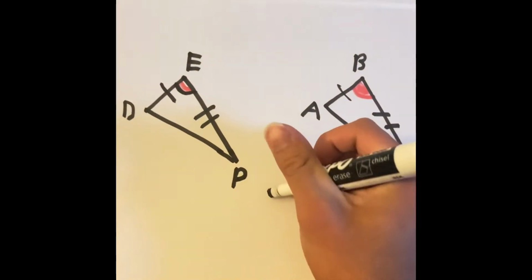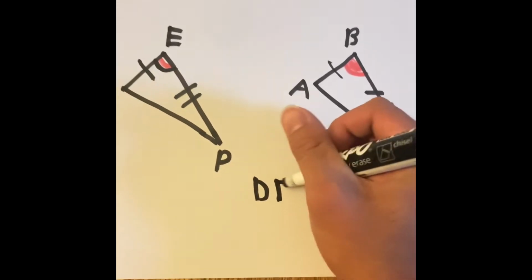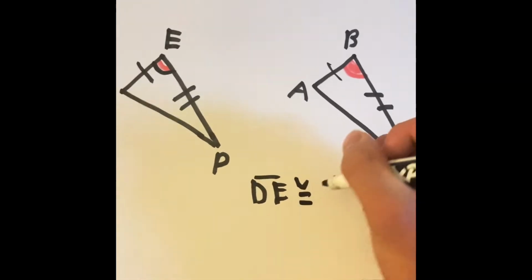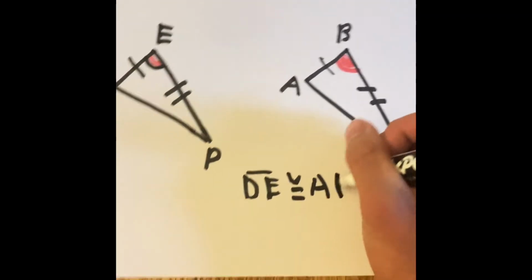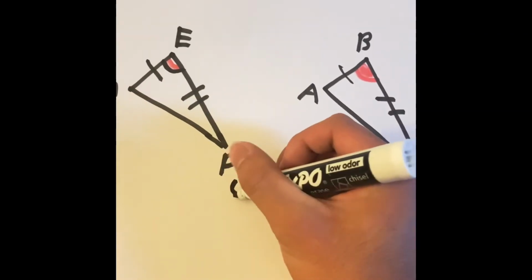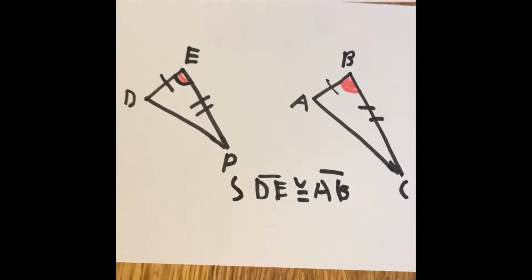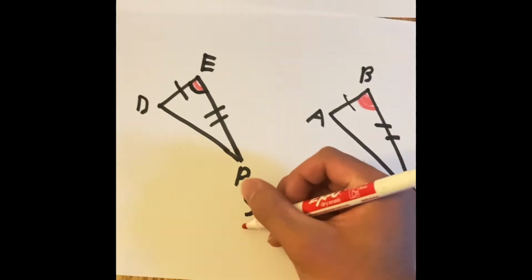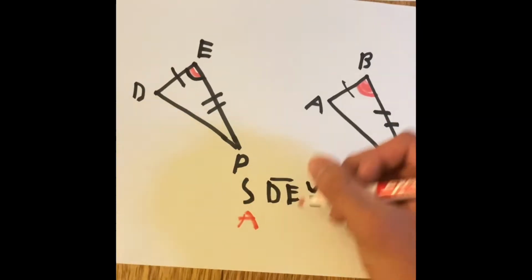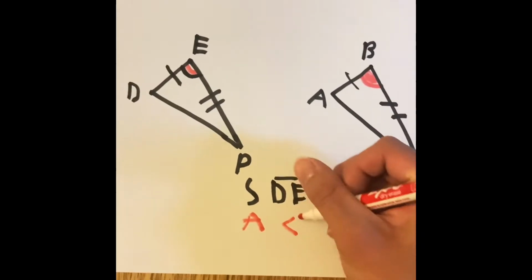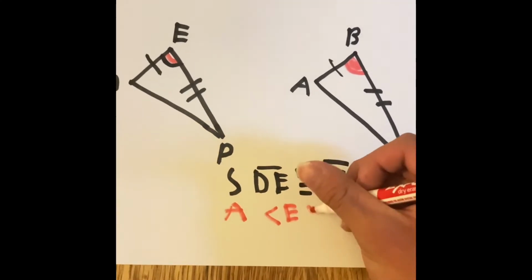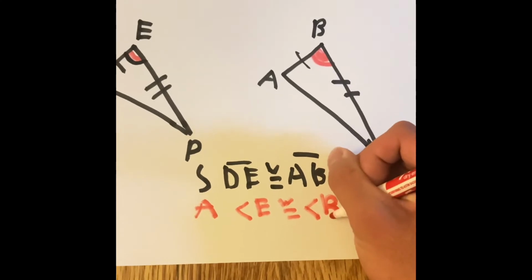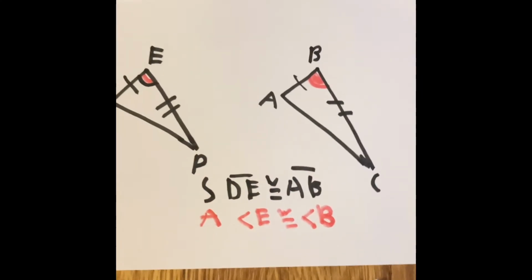We can write DE as a segment is congruent to AB as a segment. That is the side. This is going to bring us to an angle. Angle E is going to be congruent with angle B. That is an angle.